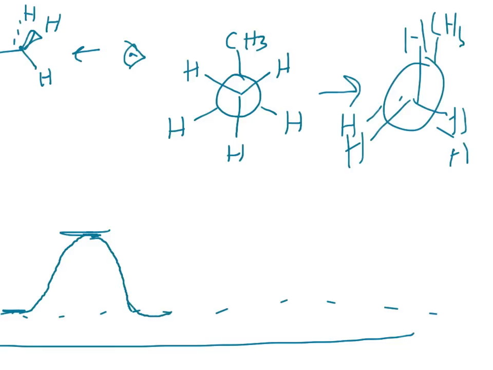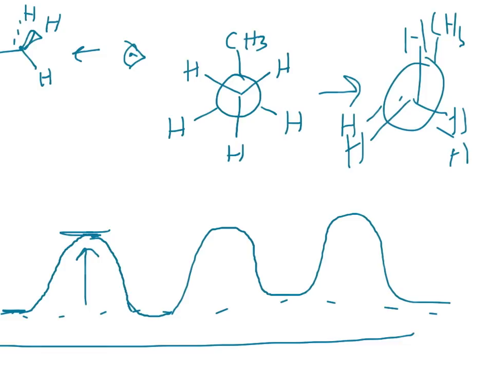Okay? Because, and here's the key, if I continue going around, it'll look just like the energy profile for ethane, except the energy difference is a little bit higher in each of those peaks than ethane. Okay? And it's because if I take a look at this molecule, these three groups on one of the carbons we're looking at are all identical.